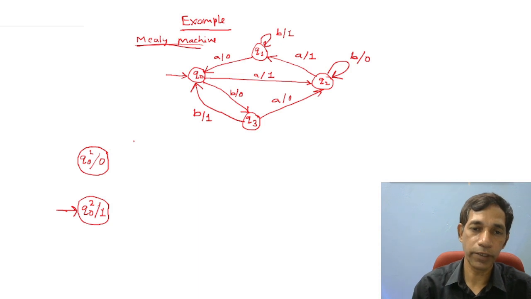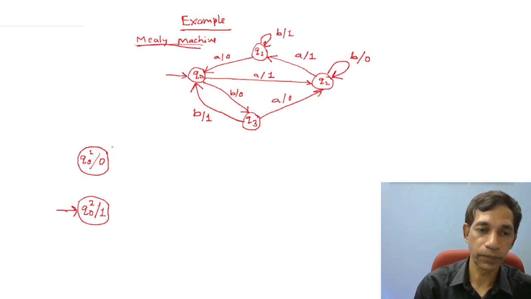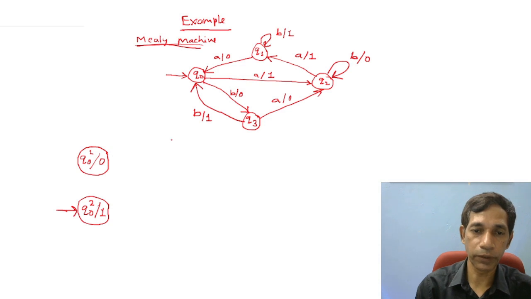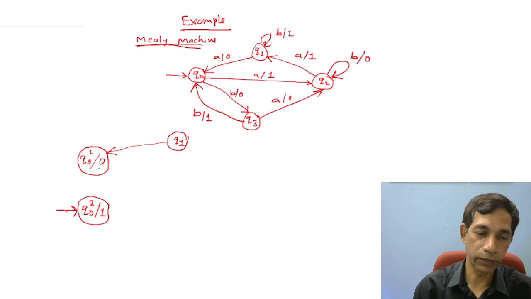Now the edges which are incoming to Q0 and which are producing the output 0 will be here. So from where are you coming? From Q1 actually. From Q1 we have the edge which is coming to Q0, and it is going to produce the output 0. This edge is entering this state Q0, so it is going to produce the output 0.